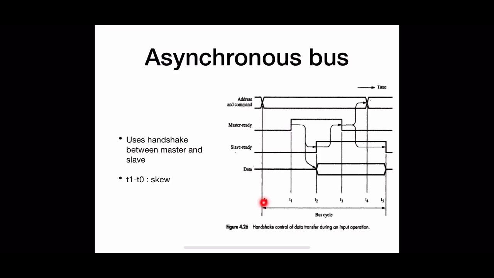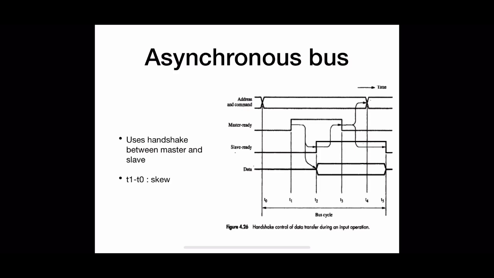So why is there a time gap between placing the address and command, and the master ready? Can it not place both this information simultaneously? This time gap is actually introduced for allowing any type of skew.